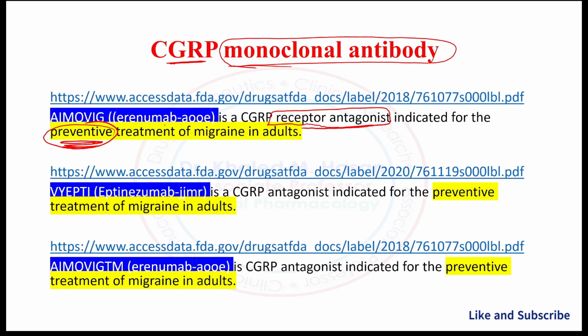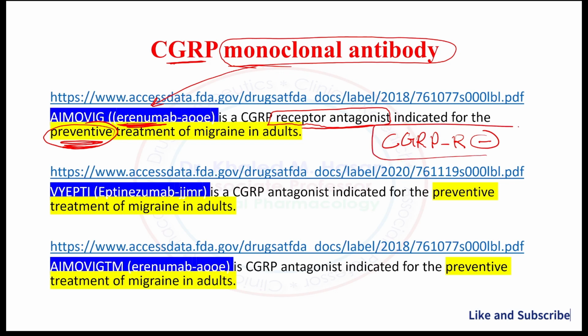Please remember, erenumab is a monoclonal antibody that goes to the CGRP receptor and blocks it. Erenumab is available as pre-filled syringes.